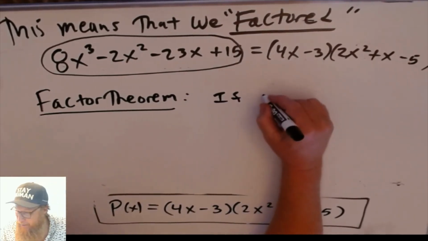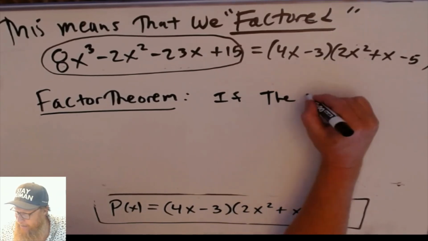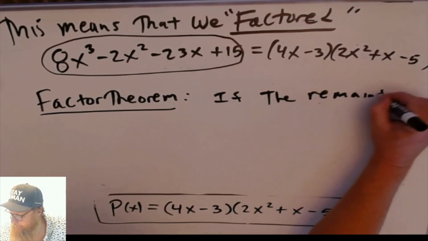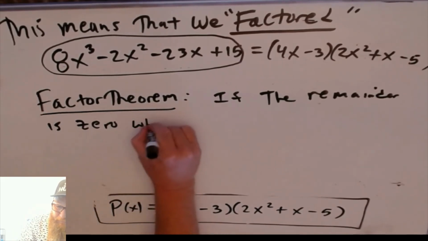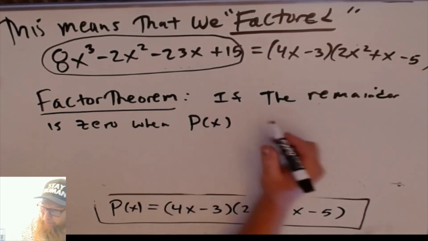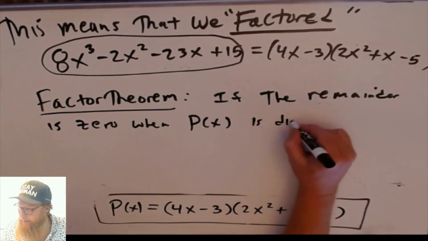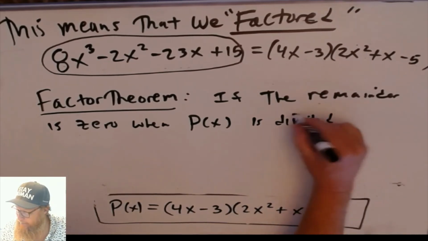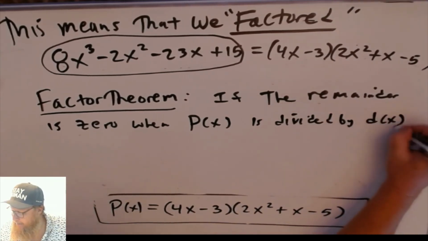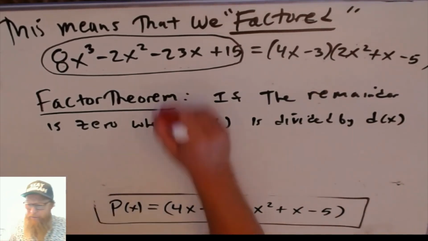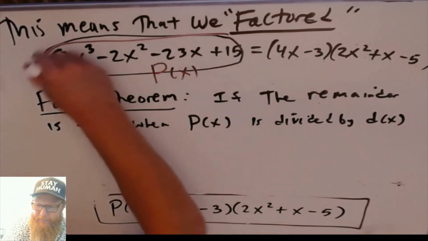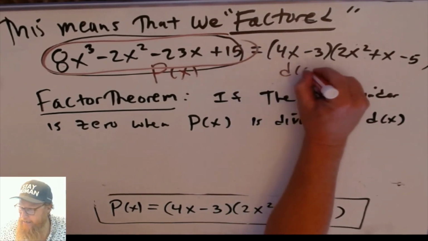If the remainder is 0 when a polynomial, p of x, is divided by d of x. All right, so again, I'll label everything. This is p. All of this is p. This is d.